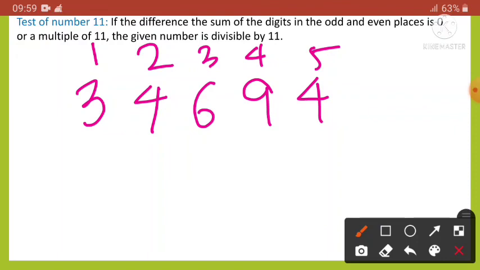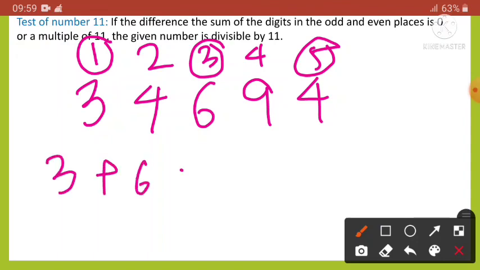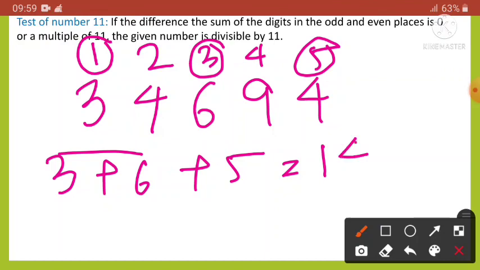Okay, so what are the odd places? 1, 3 and 5. So at first we have to add all the odd places numbers. So what will be 3 plus 6 plus 5? 6 plus 3 is 9, 9 plus 5 is 14.